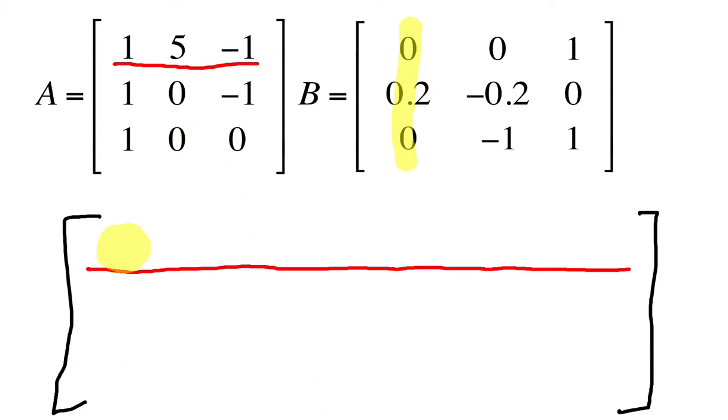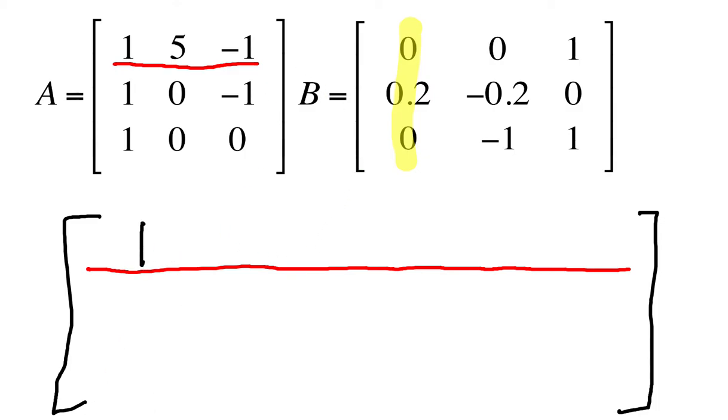So row 1 times column 1 is 1 times 0, which is 0, plus 5 times 0.2, which is 1, and -1 times 0 is 0. So this first element is just 1.